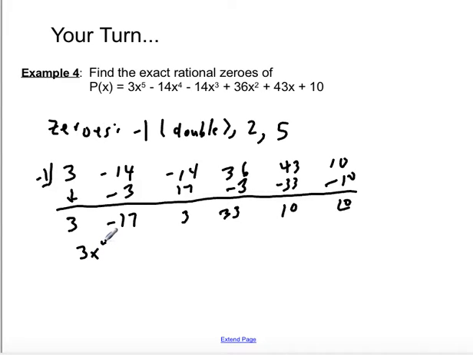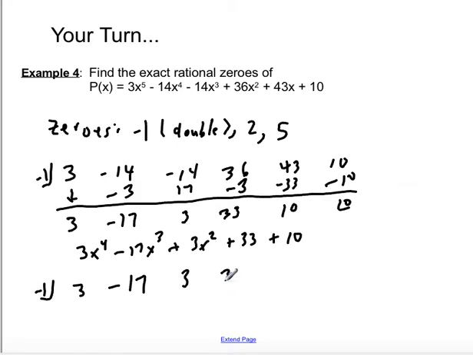Alright, so now we're down to 3x to the 4th minus 17x to the 3rd plus 3x squared plus 33x plus 10. That's our new one. Well, we still got a 0. We got a double 0, so we can do -1 in that again. So 3, -17, 3, 33, and 10. Notice each time I'm using the new equation.